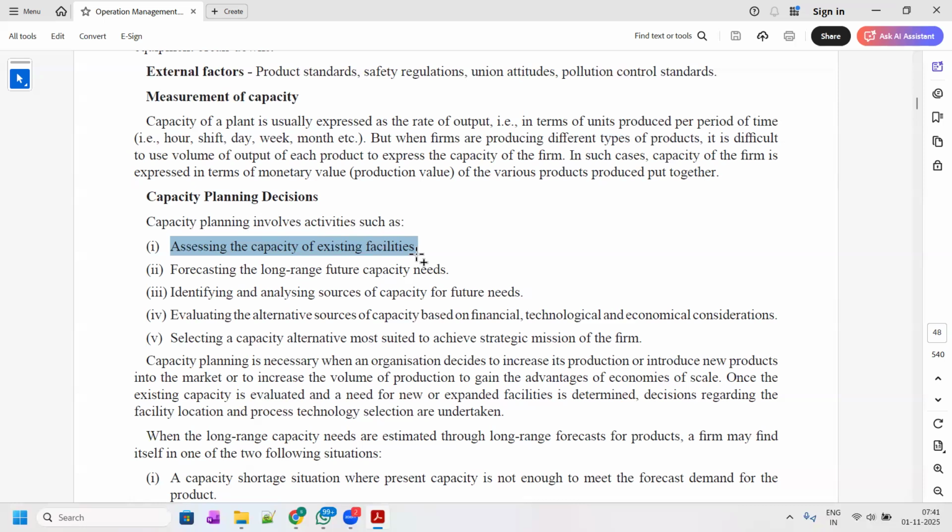Then whatever capacity options we have, we need to analyze them based on technical, financial, and economic parameters, and then choose the best capacity option that supports the company's long-term goal, and that should be your end objective. Clear, everyone?